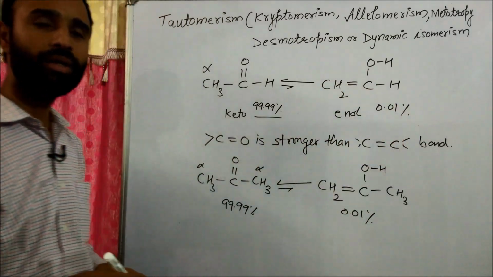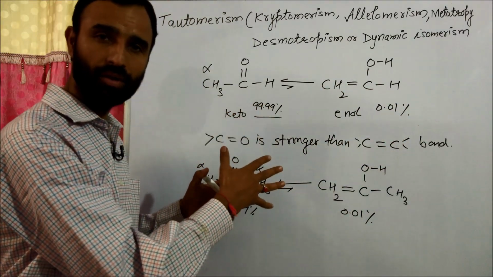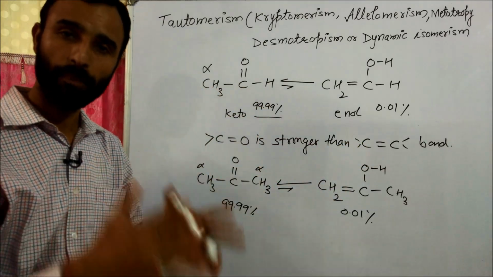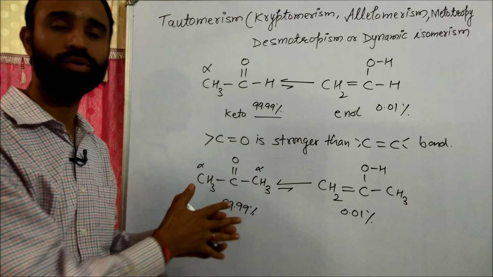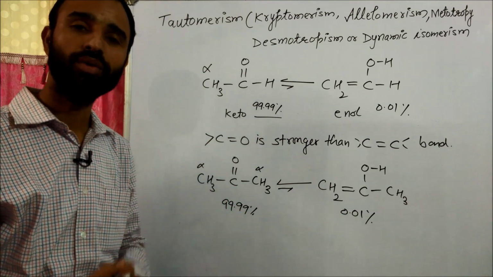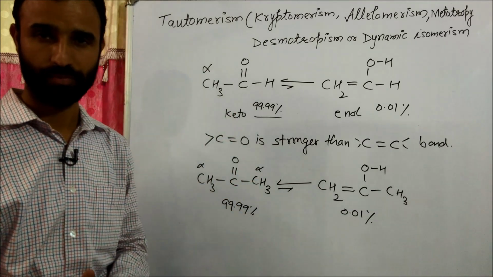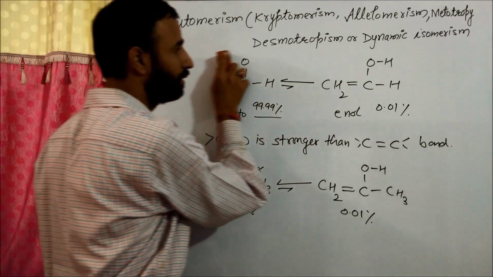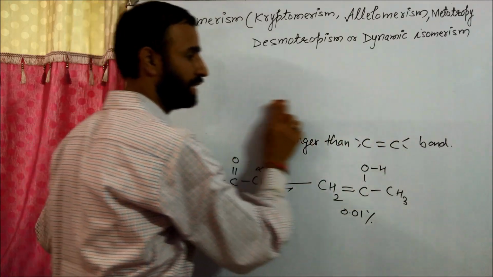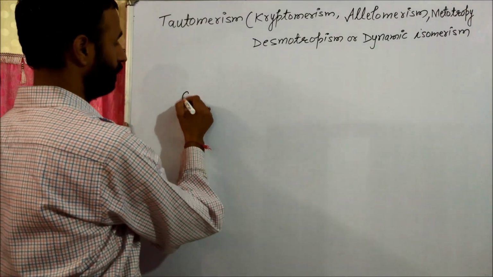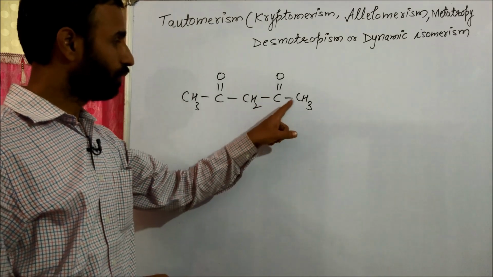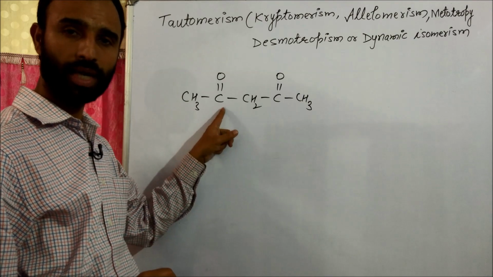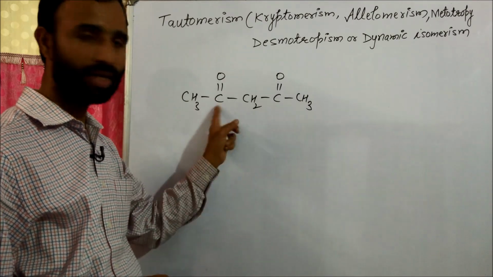I mean to say that keto form is dominating over enol form in case of simple aldehydes and ketones. Simple aldehyde and ketone means which have only one CO group. Now come to the next one. Let us discuss some other example. If we have this, 1, 2, 3, 4, 5, this is 2,4-pentanedione, or 1,3 diketone we can say.